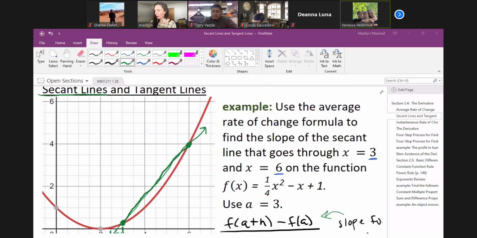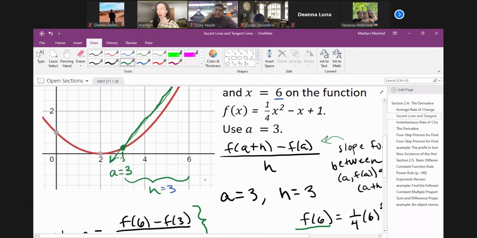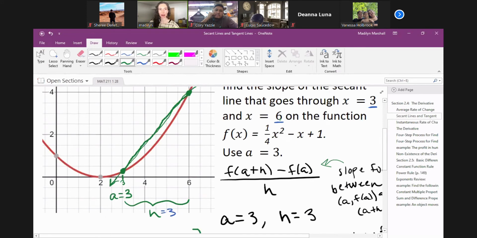I have a question. Without having a graph, how do you figure out your distance from the 3 to the 6? Like how h equals 3? How do you figure that without looking at the graph? Oh, just by subtracting 6 minus 3.